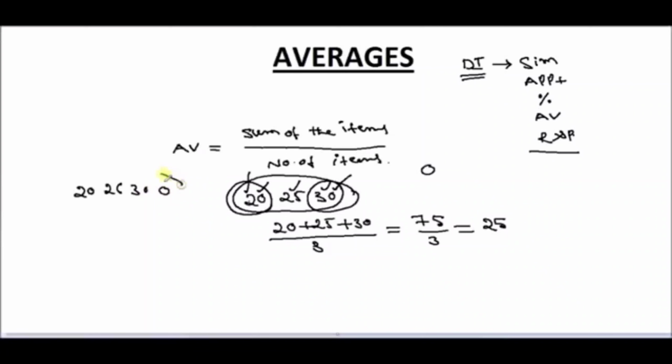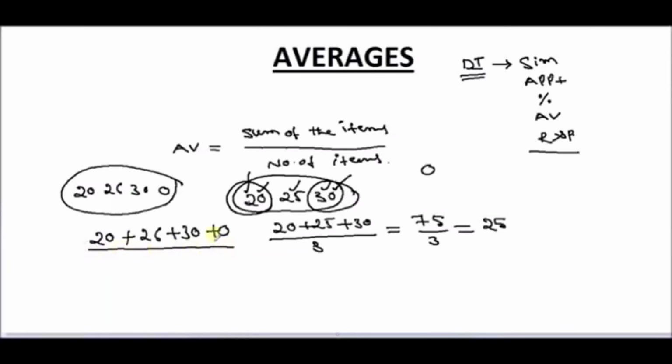The sum of the given items is 20 plus 26 plus 30, don't ignore 0, plus 0, divided by the number of items.